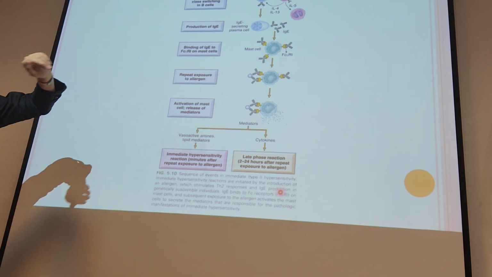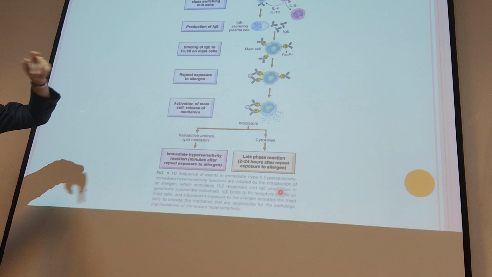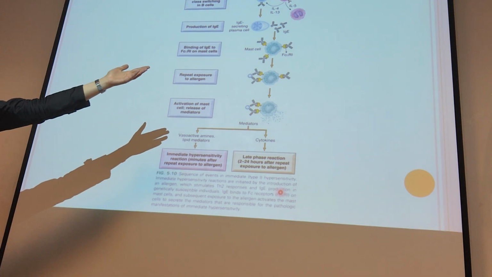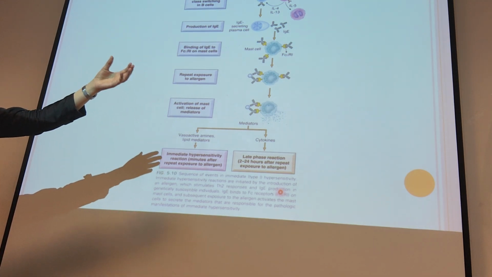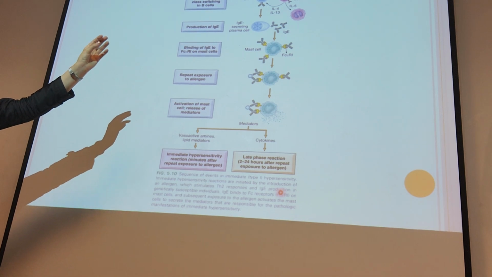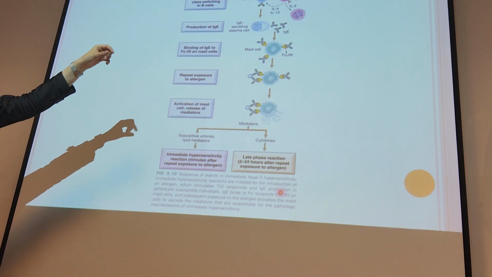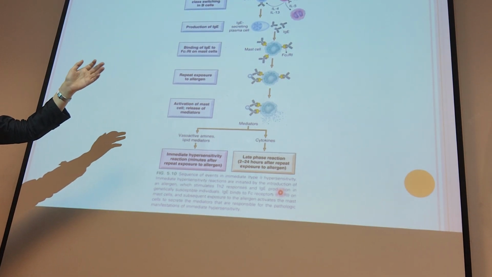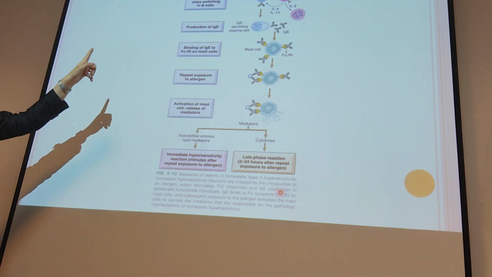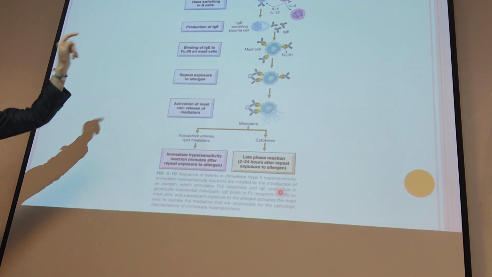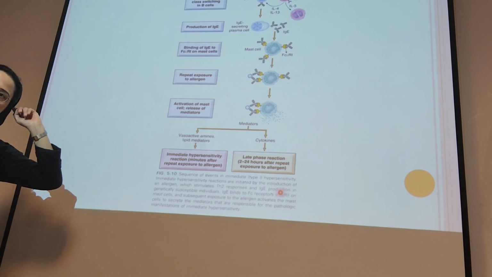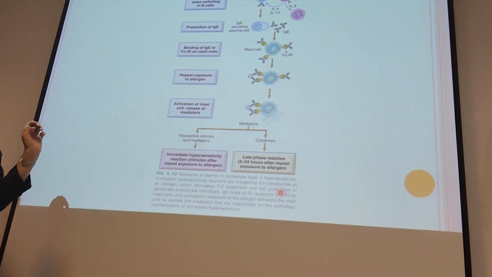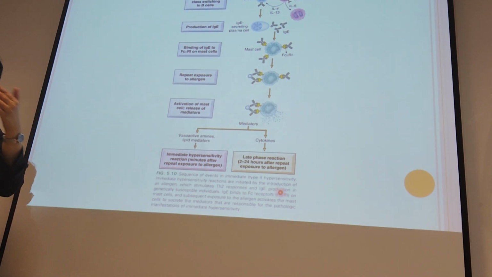We have activation of T helper 2, and production of interleukin 5, which activates eosinophils, and we also have production of interleukin 4 or 13, and production of IgE by plasma cells, yes? So for the first time, it may take longer for the cells to produce IgE and show the reaction, yes?